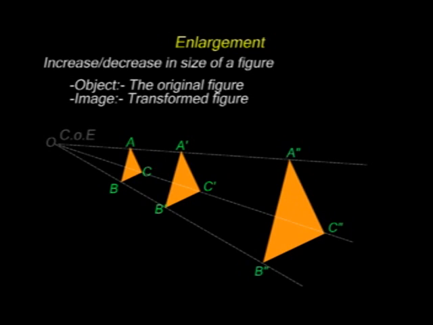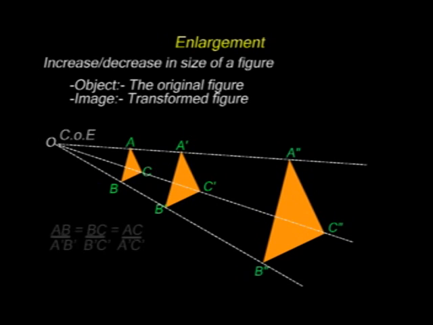When the dotted lines touching the vertices are produced, they converge at O. The point O is called the center of enlargement. The ratio of the scale is constant, that is AB over A prime B prime is equal to BC over B prime C prime, which is equal to AC over A prime C prime. Now this ratio is called the scale factor.